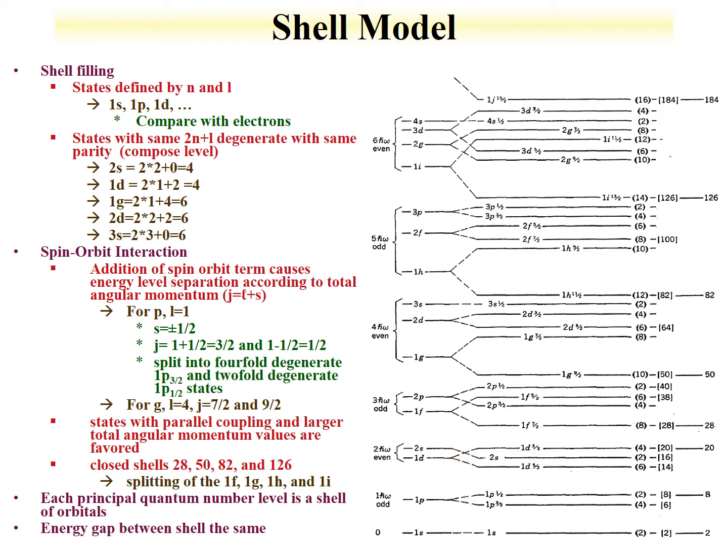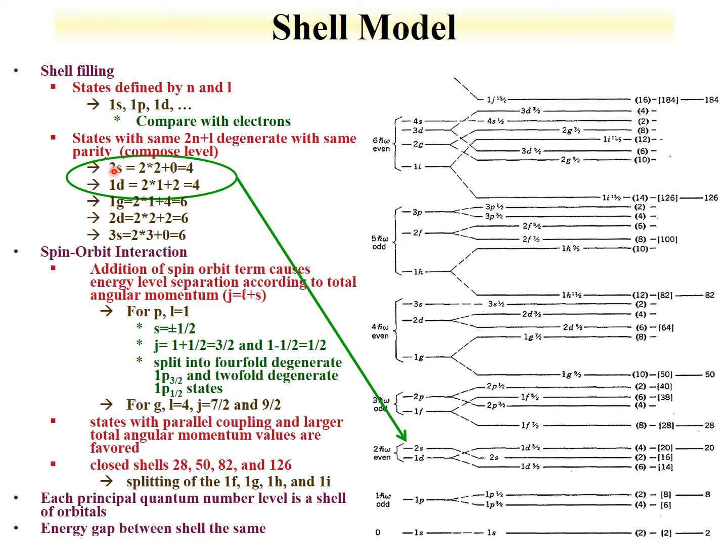Degenerate states: if I take 2 times n plus L, those with the same numbers, so n and L, so for 1s, the n would be 1, the L would be 0. Those states with the same 2n plus L are going to be degenerate, and they'll be grouped together. As an example, if we look at this state here, which is composed of the 2s and 1d state. 2s: 2 times 2 plus 0 is equal to 4, right?